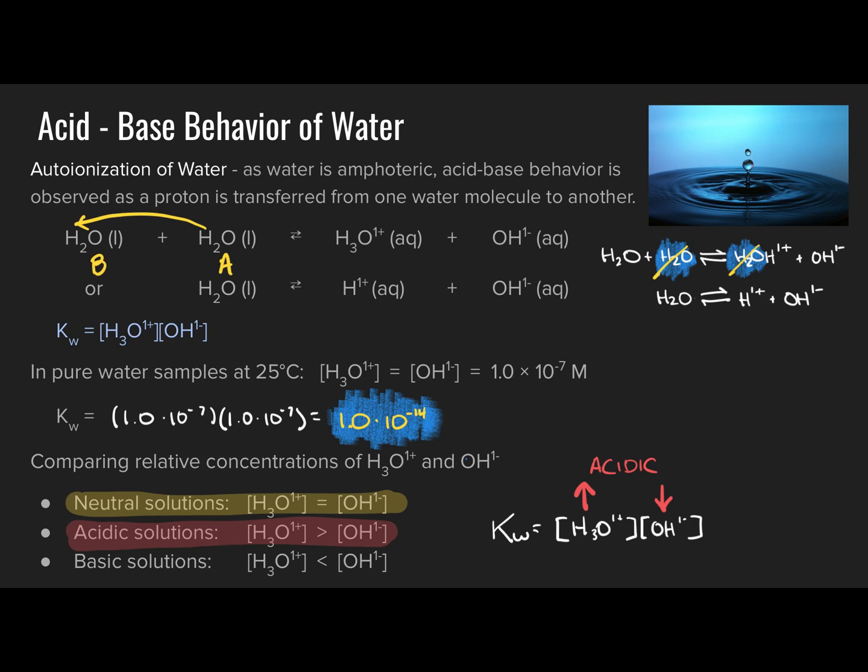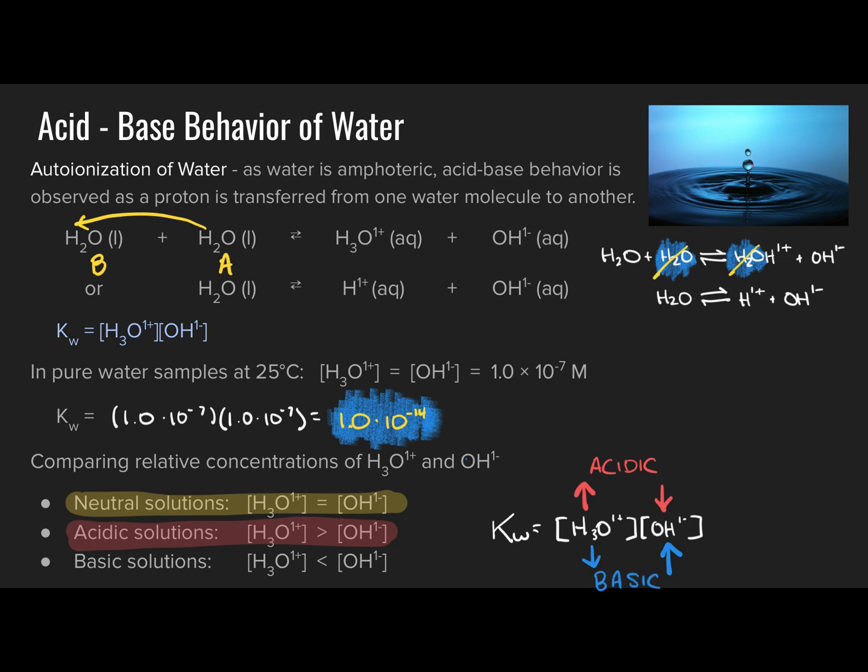Or conversely, if I dissolve a base into a solution, let's say, for example, I dissolve sodium hydroxide NaOH into solution, the dissociation of the sodium hydroxide will form an excess of hydroxide ions, which by that same logic would then cause the hydronium ion concentration to go down as well, due to that inverse proportional relationship.